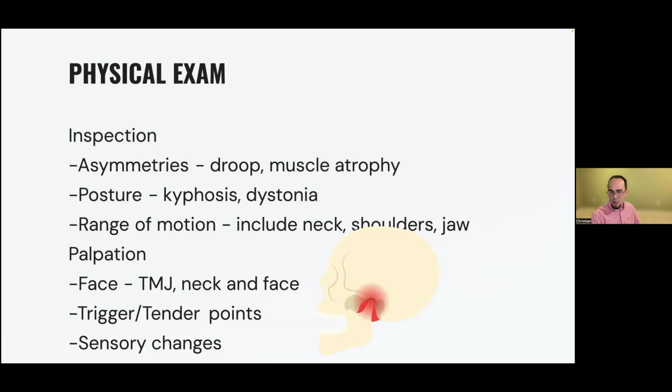One of the things that I've noticed is that a lot of patients have tender spots around the trapezius area, around the cervical paraspinal muscles, around the periscapular area. So in between the shoulder blades could be potentially tender points that could trigger headaches.